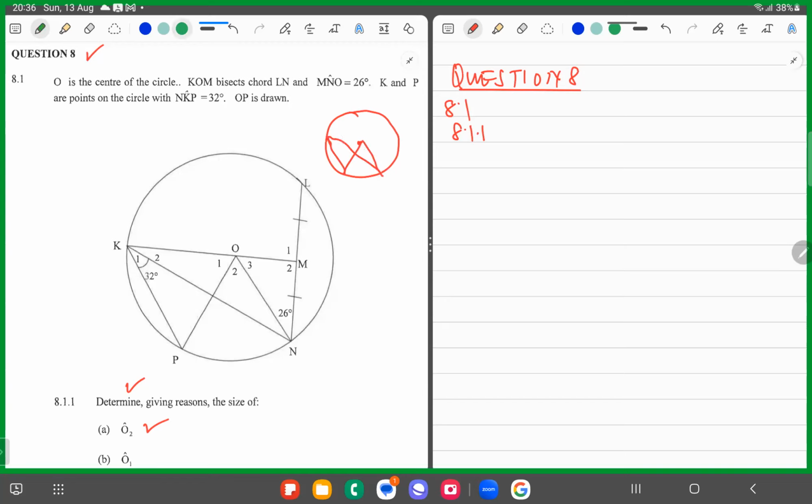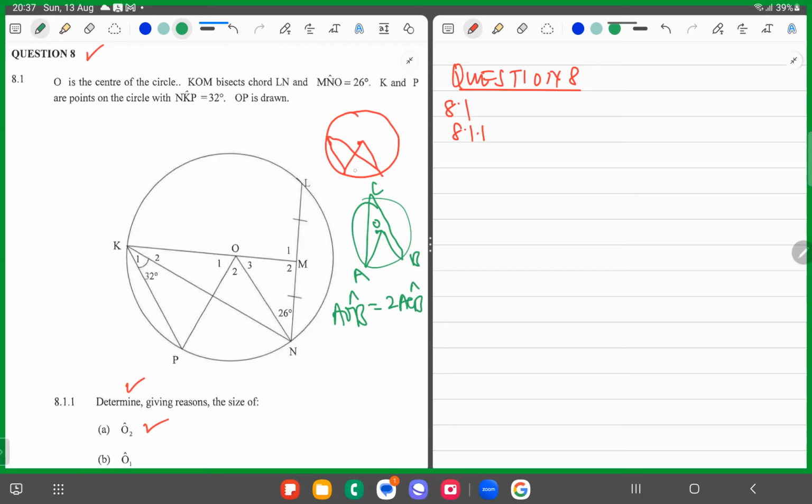So if this is A, O, B, C, we then say the angle at center AOB is 2 times ACB. Angle at center is twice angle at circumference, in which case it can be applied here also.